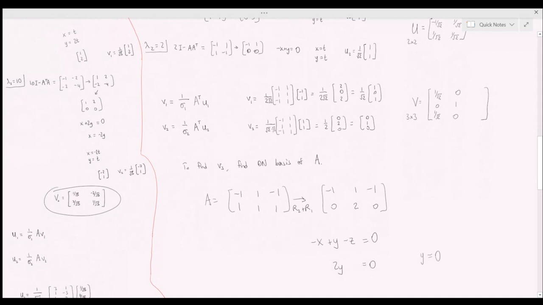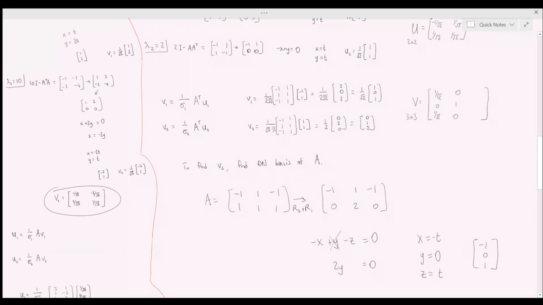So y is 0. And then with y being equal to 0, that means x will be equal to -z. So in this case, the null space of A was one-dimensional. So that gets me a basis for the null space of A.